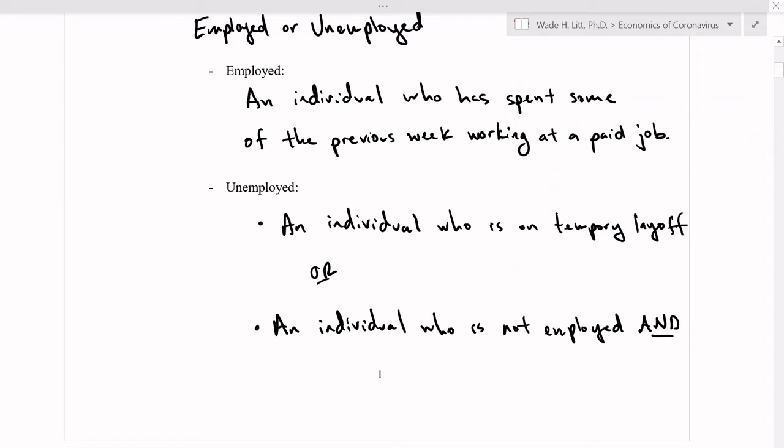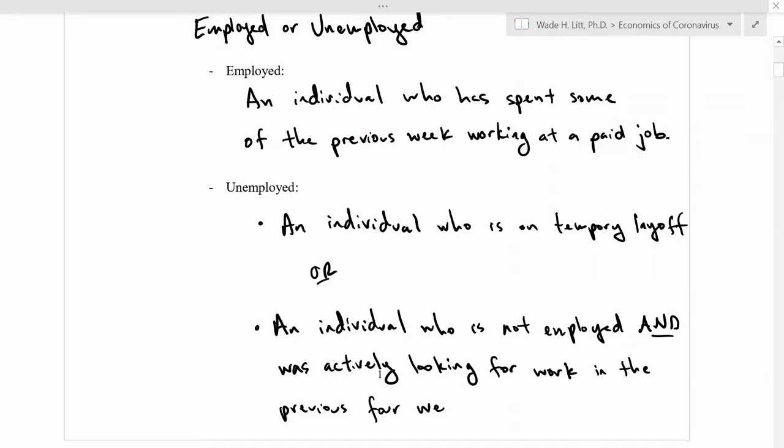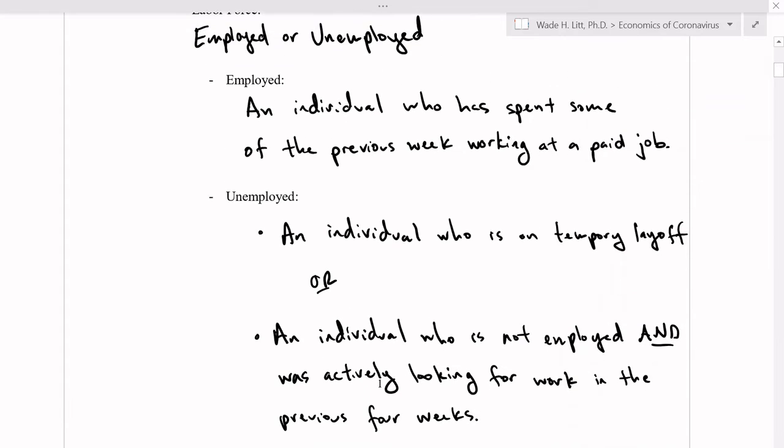So they are not employed and were actively looking for work in the previous 4 weeks. Okay, so those are the unemployed.